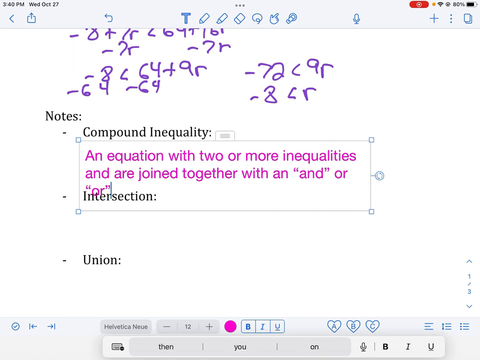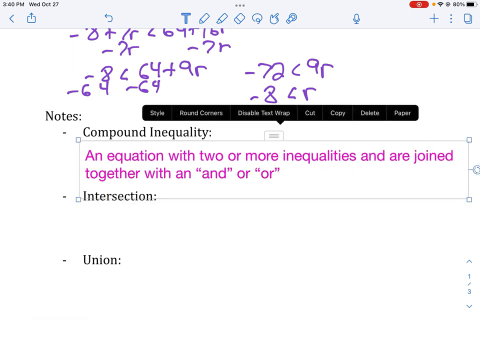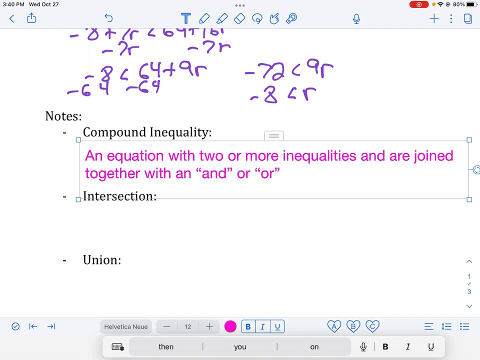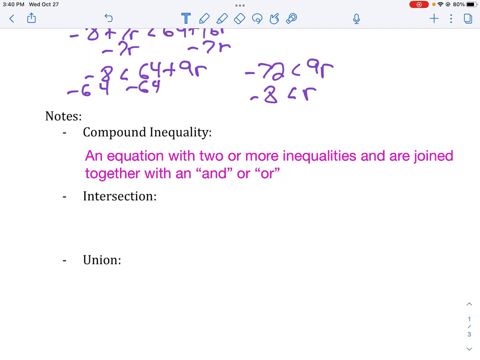You're going to see "and" may be different because it may not have the word "and," but that means they're going to be together. So we're going to end up graphing two separate inequalities pretty much. And then from those two separate inequalities, you're going to have two graphs on one, and then we talk about where they overlap and where they don't. Which is kind of what we're getting to.